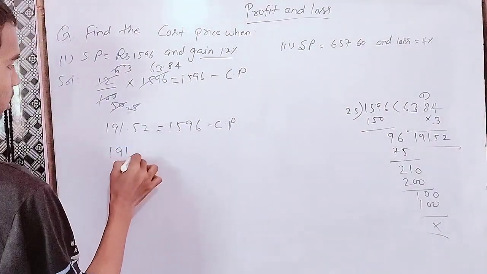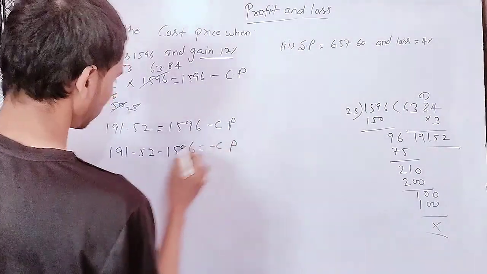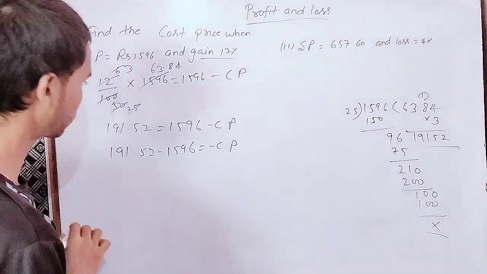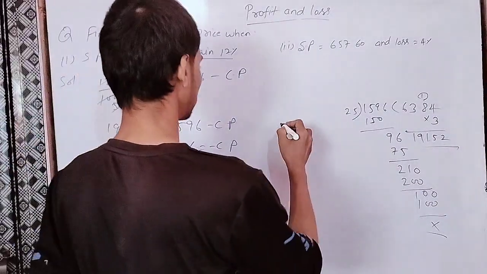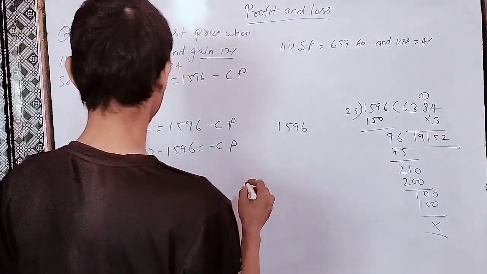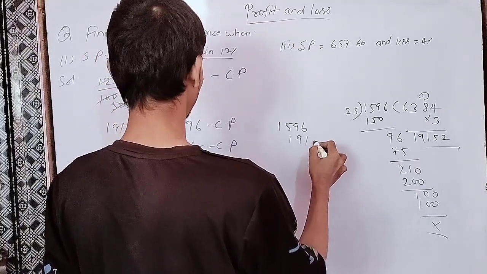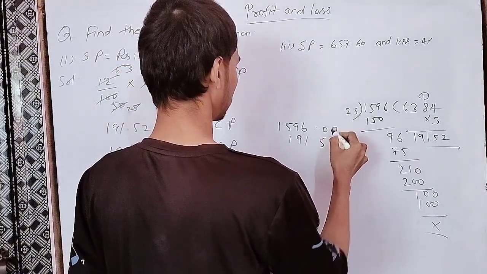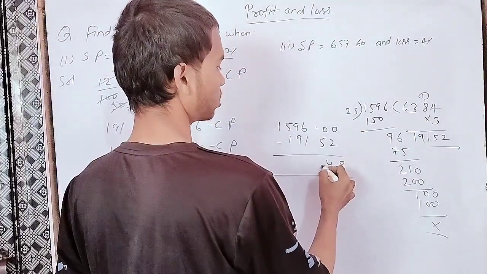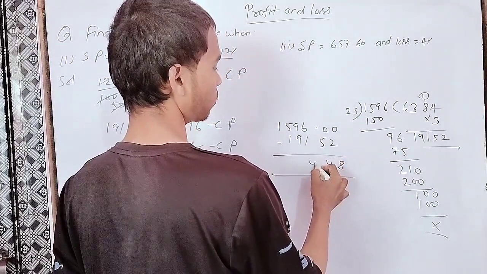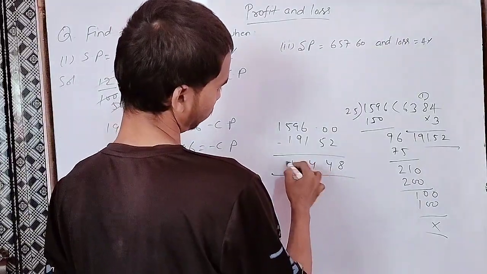Clear? Minus, yeah. Clear. This is one. We are going to subtract it. 96 and 191.52. 8, 4, 4 again, 0, 4, 1.